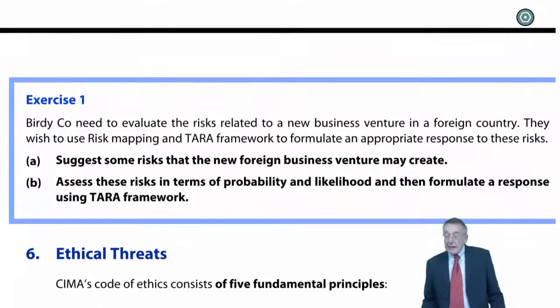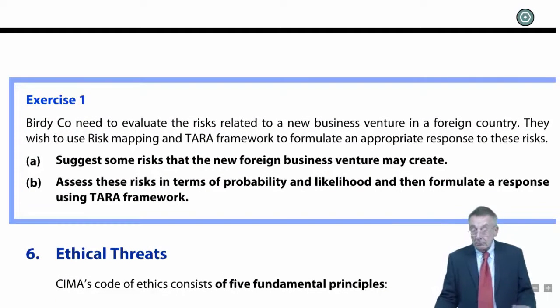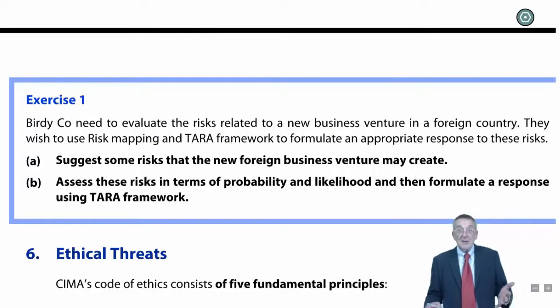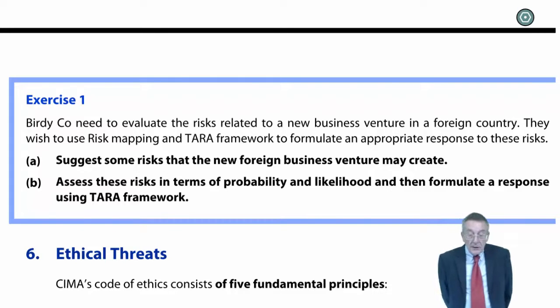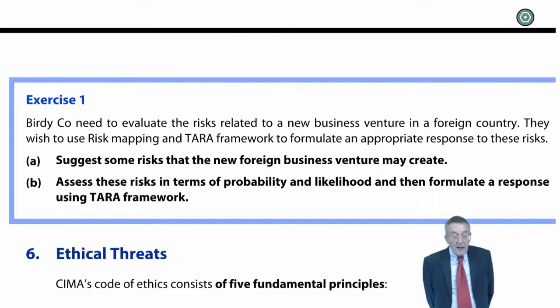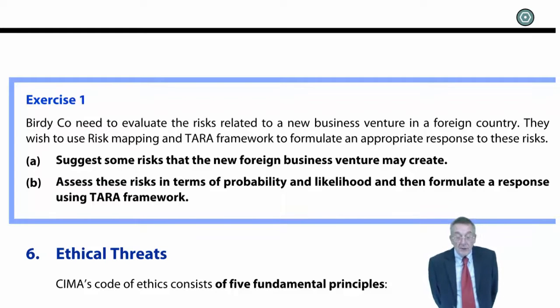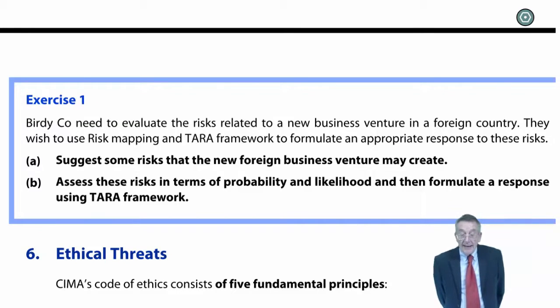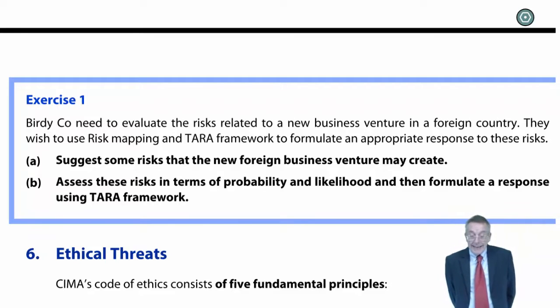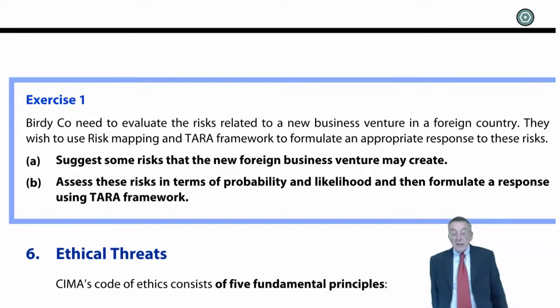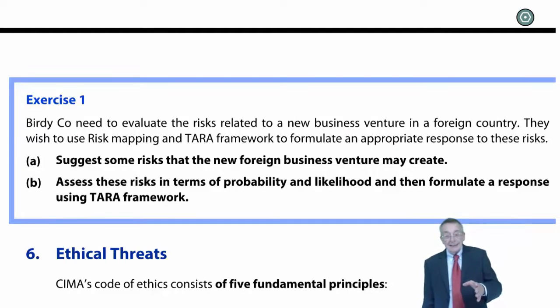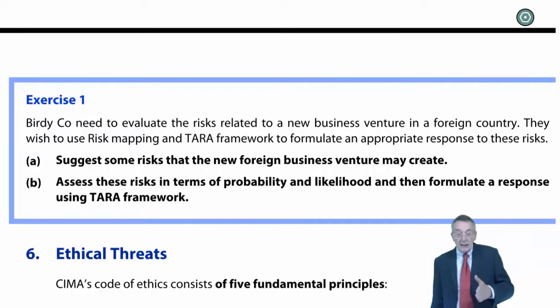To try and explain a little bit better what I mean by reduce and avoid, just look at exercise 1. Birdie needs to evaluate the risks relating to a new business venture in a foreign country. So it's a new venture, it's a foreign country.